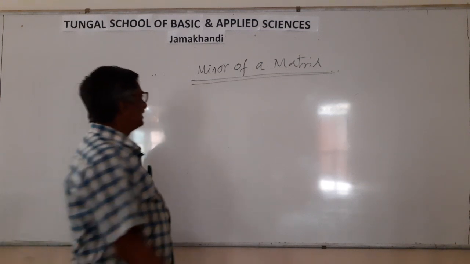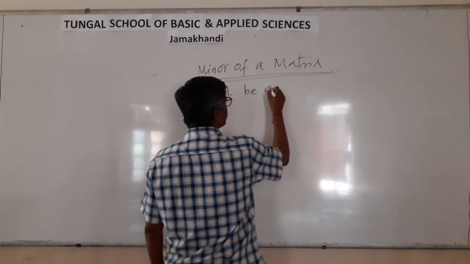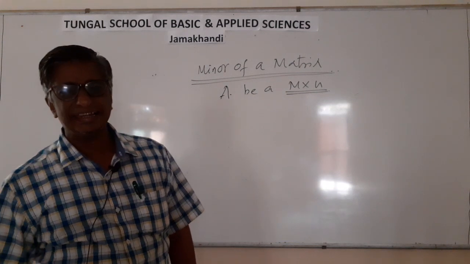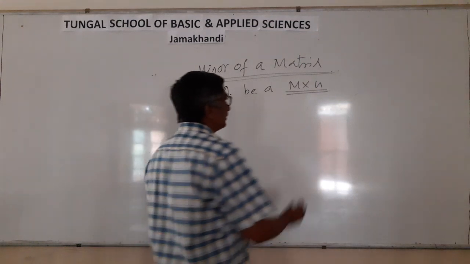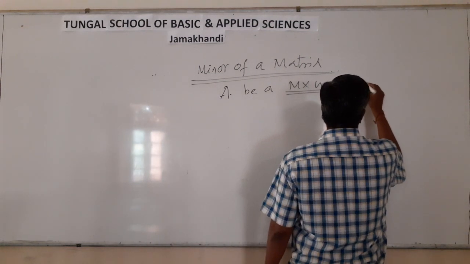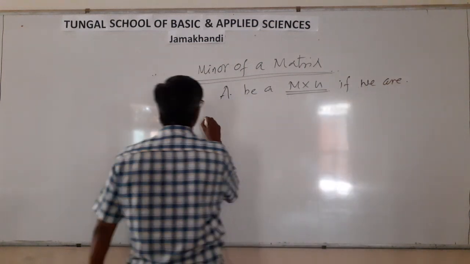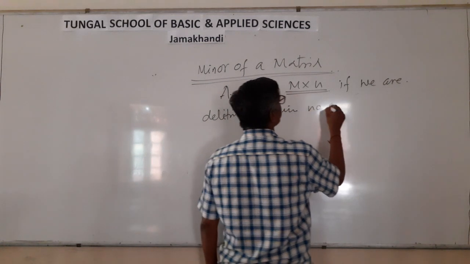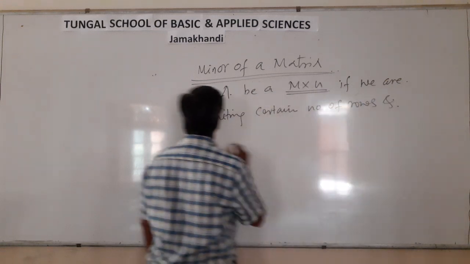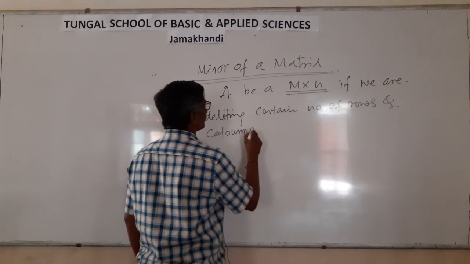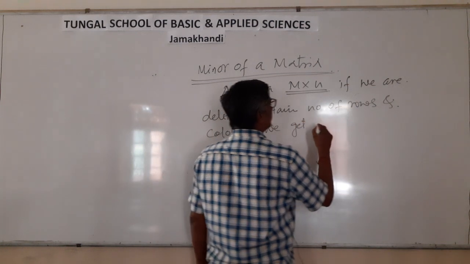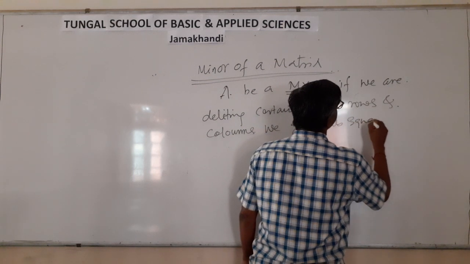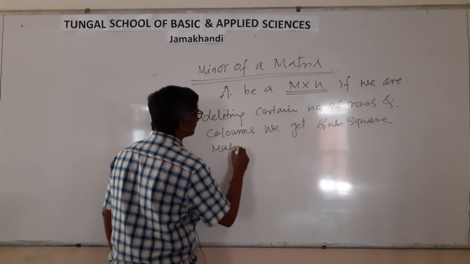If A is an m into n matrix, meaning the order of A is m into n, and we are deleting a certain number of rows and columns, we get sub-square matrices.